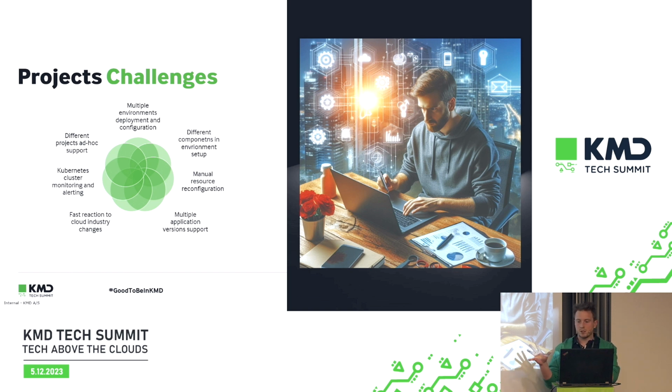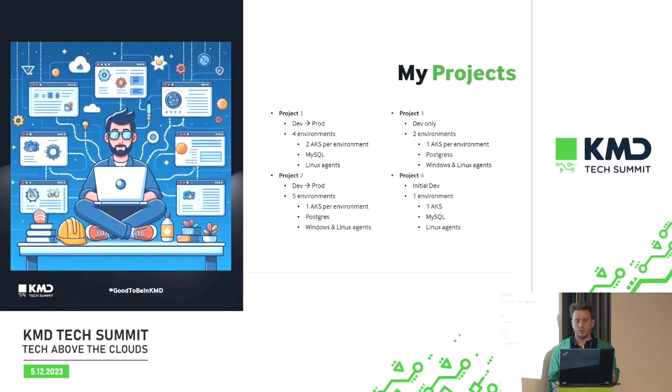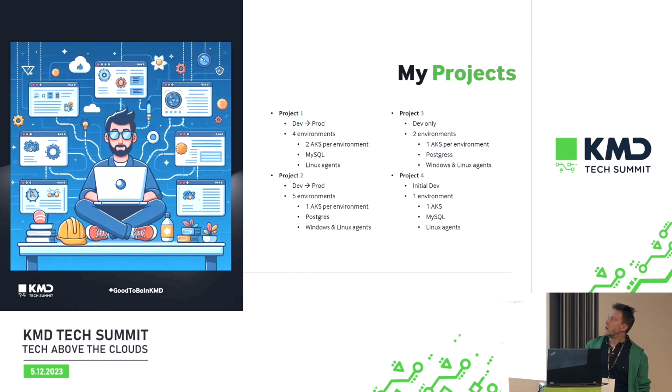So after creating this slide, I looked into, let's say, my portfolio and wanted to know what projects I'm handling and what environments. Basically, I found that I'm involved in at least 4 projects with different environments, different Kubernetes versions inside those projects, and different infrastructure. So for example, in one project, we have from development to production 4 environments.